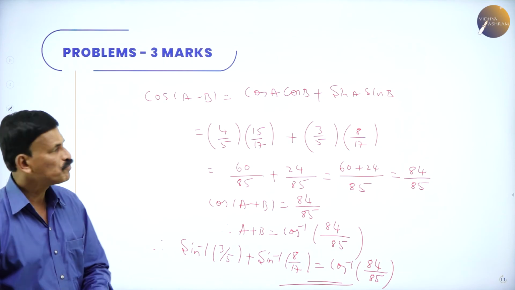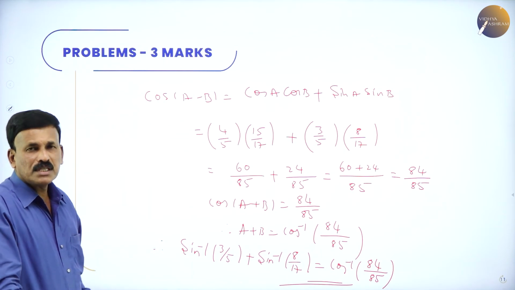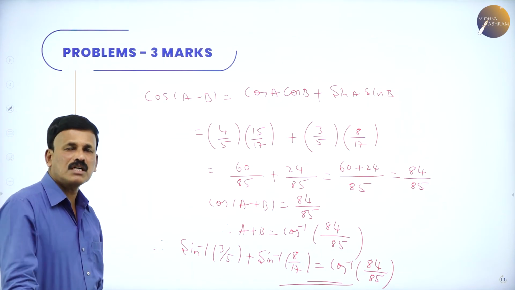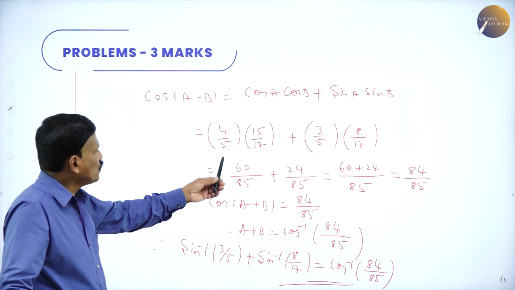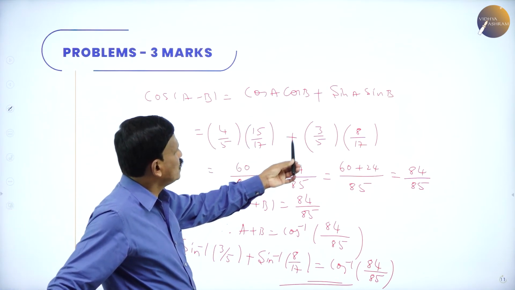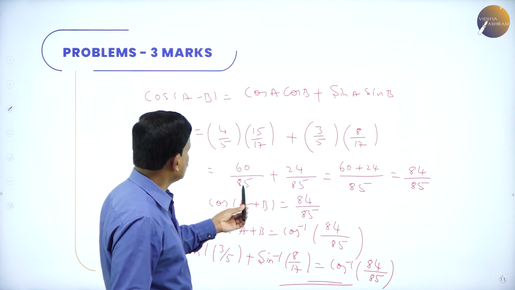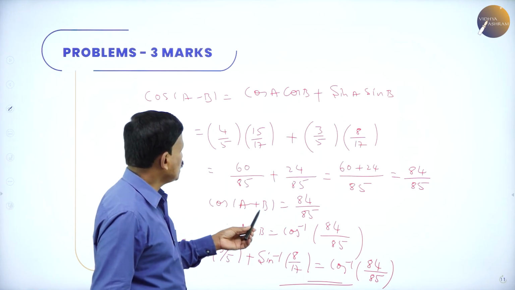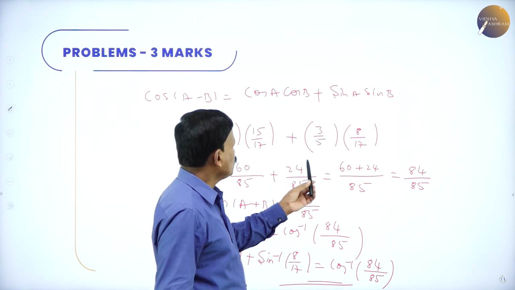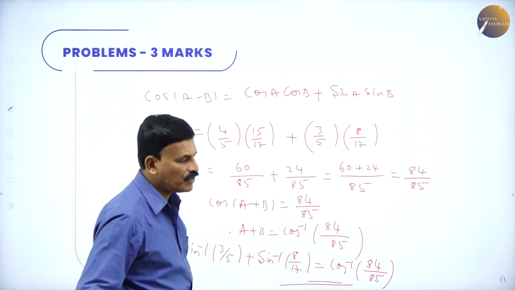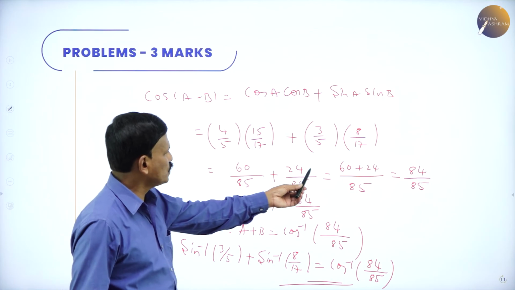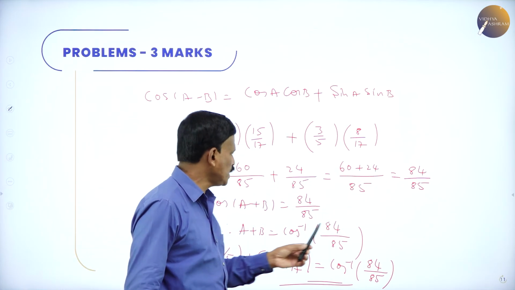Okay, see here, just use cos A minus B. Cos A minus B is equal to cos A cos B plus sin A sin B. Cos A 4 by 5, cos B 15 by 17, sin A 3 by 5, sin B 8 by 17. 15 4s are 60 by 17 5s are 85, 8 3s are 24 divided by again 17 5s are 85. 85 is LCM, 60 plus 24 is equal to 84 divided by 85.